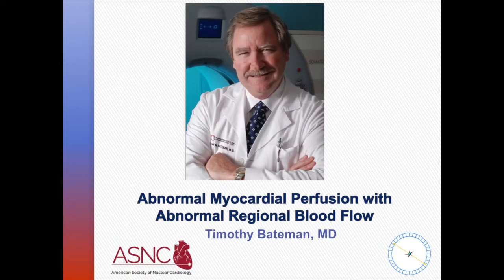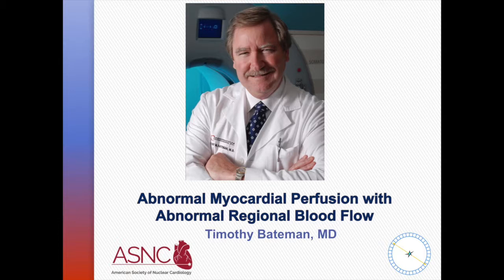I would also say with PET, with peak stress function, we have a much greater opportunity to recognize changes in wall thickening or wall motion in those other territories as another independent marker that significant disease is present there.